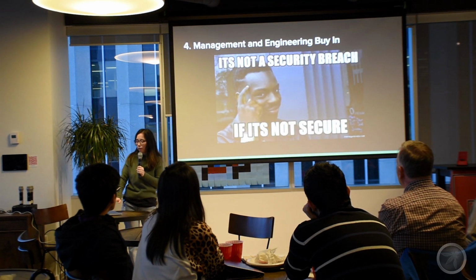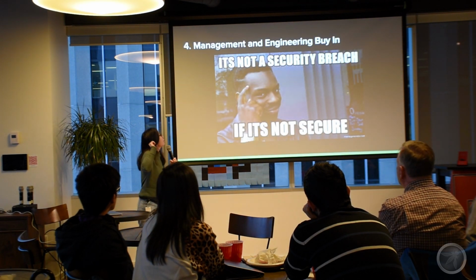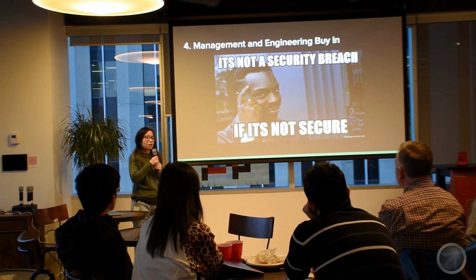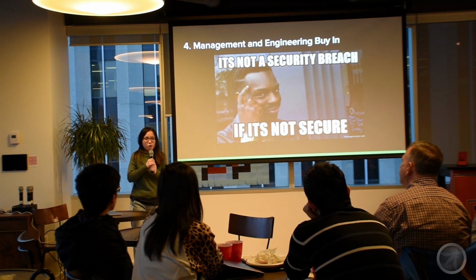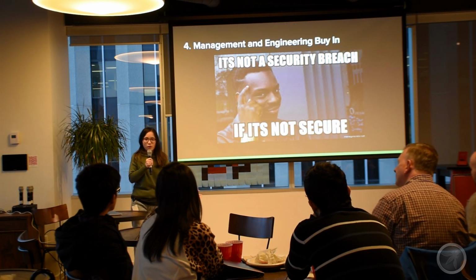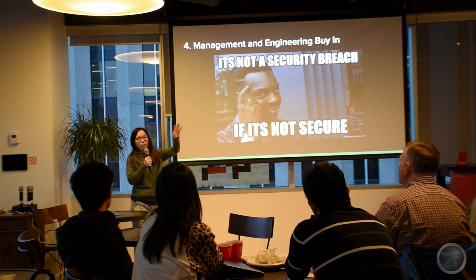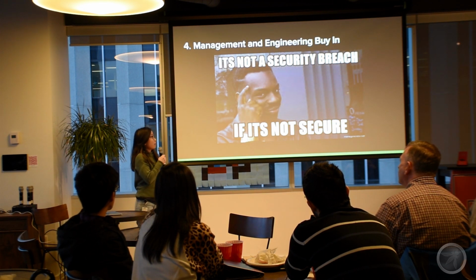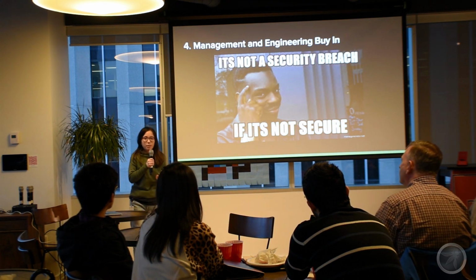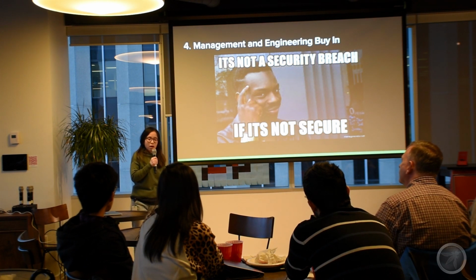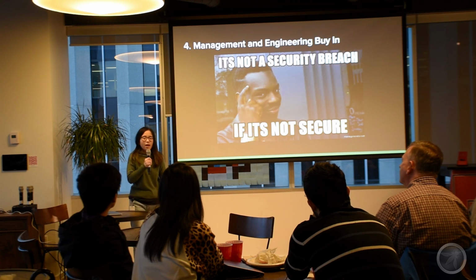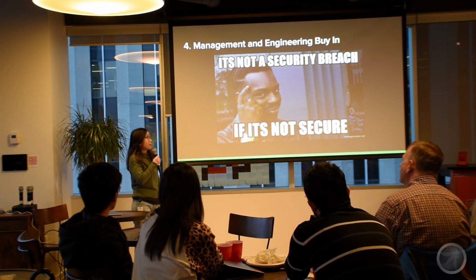And then the next hurdle was getting leadership support. With any initiative, sure you can educate devs and whatnot, but if it's not coming from the top, it's really hard to prioritize that work and get support for it. I've had devs come up to me and say, hey, I would love to work on the security issue, but I have this other work, and they have no clue about this, and they're not going to prioritize it.